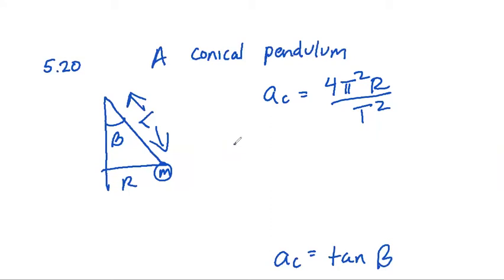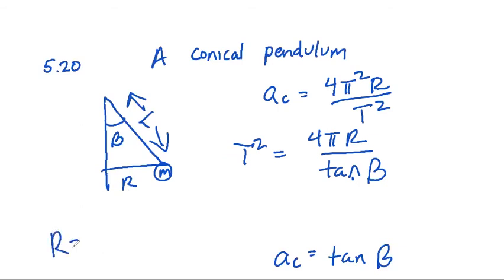So we were solving for T squared. T squared equals 4 pi squared r divided by g tan beta. I'm just going to substitute tan beta there. And I could simplify one more time by recognizing that r equals L sine beta.